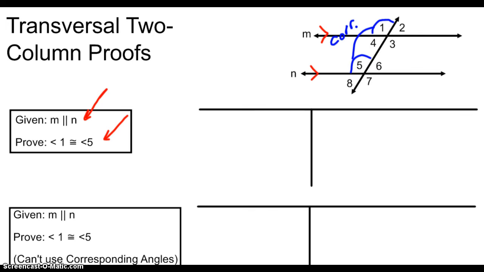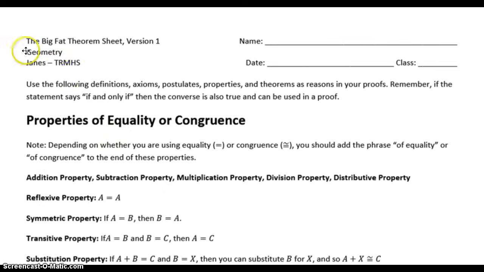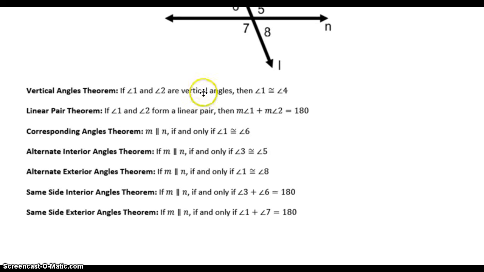So let's go ahead and write that two-column proof. Remember, in the beginning of any proof, we're going to write down what we're given. M is parallel to n. That's given. And then I can skip straight to saying that angle 1 is congruent to angle 5. Why is that? Well, if you flip to your theorem sheet, the second side, and scroll down, here are all the different theorems that we can use in our proof.